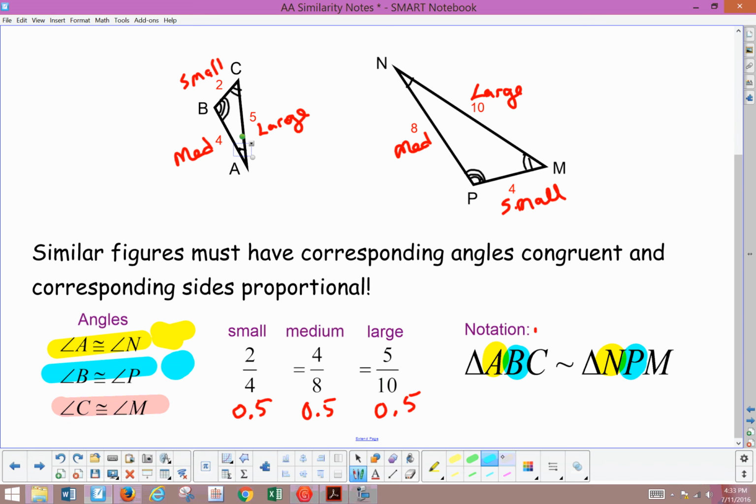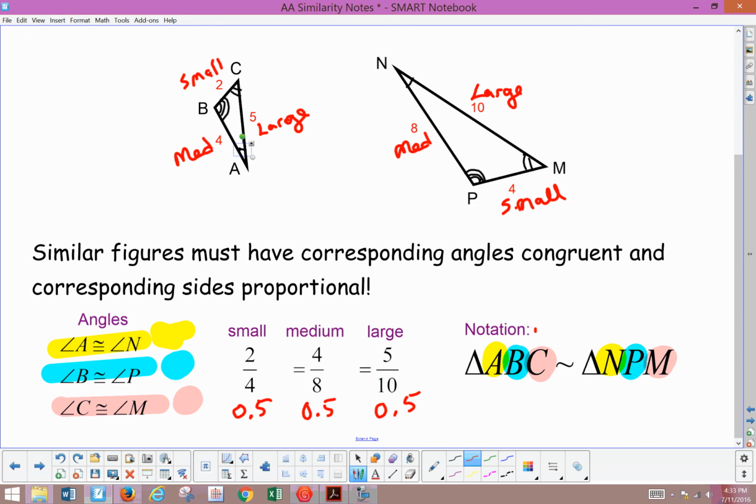My last one that I named in the figure on the left was the C. Since angle C was congruent to M, I know that M has to be in that matching position. That's what I mean when I say you have to make certain that you list your similarity in matching order.